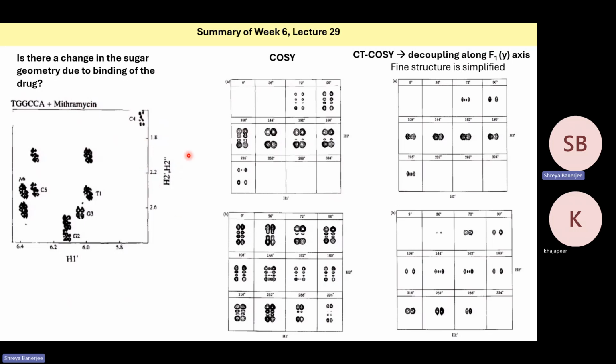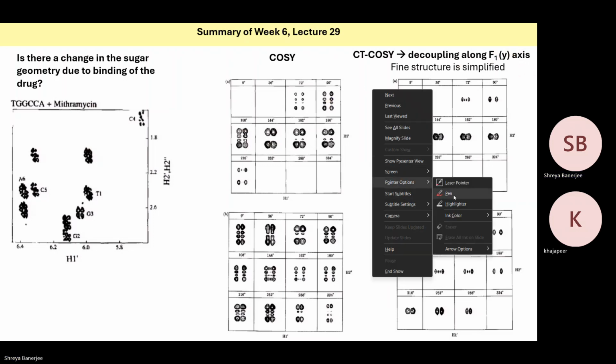So we saw that one of the ways to improve the resolution or simplify the fine structure is called COSY 45 or E-COSY. Another technique is the constant time COSY or CT COSY. We have studied this before. Basically, in CT COSY, what happens? There is decoupling along the F1 axis.